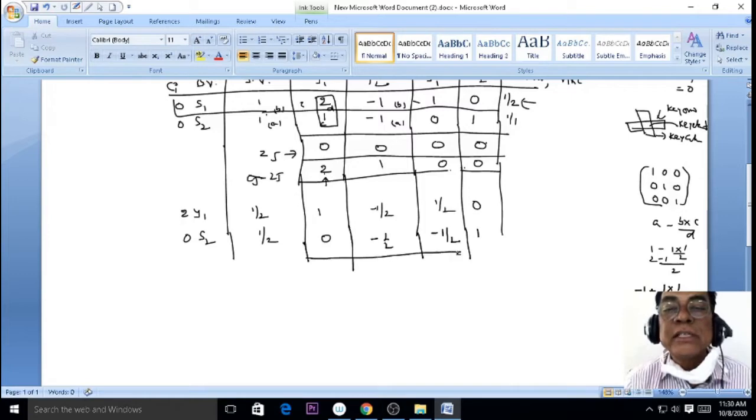Same thing. What is the Zj formula? So Zj means these are the Zj values. Understand?